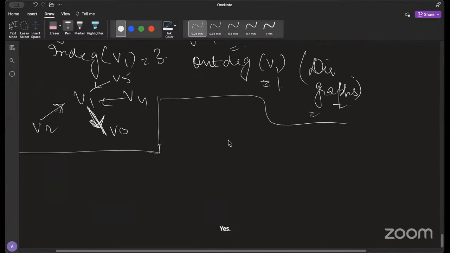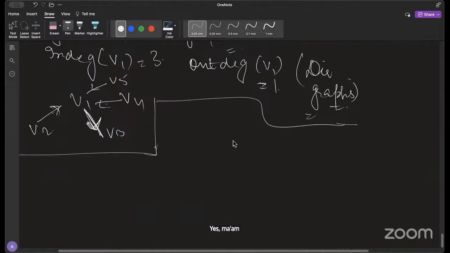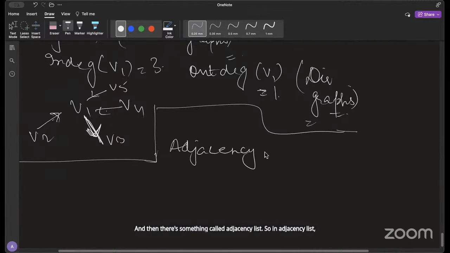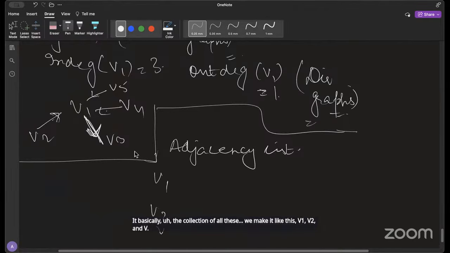Yes, ma'am. And then there's something called an adjacency list. In an adjacency list, it's basically a collection of all these. So we make it like this: V1, V2, and so on. Let's consider this graph.